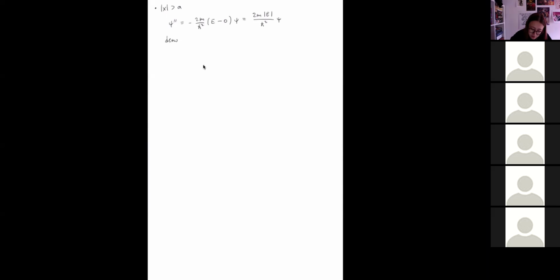Then let us denote as kappa squared 2m modulus E over h bar squared. So kappa we choose bigger than 0. Again, bear in mind that while kappa squared is a constant for the particular value of the energy, it is still dependent on the energy eigenvalue E that we're trying to find.